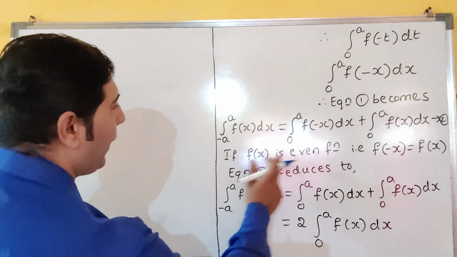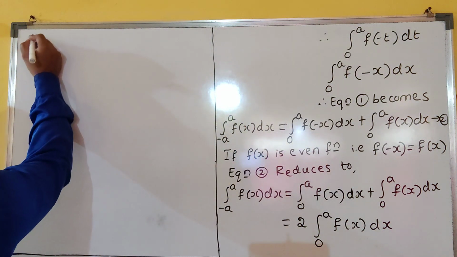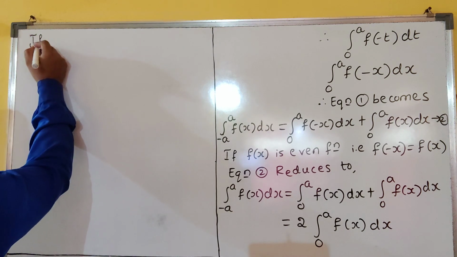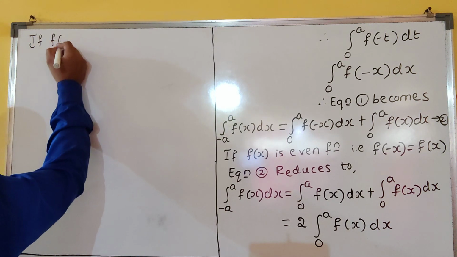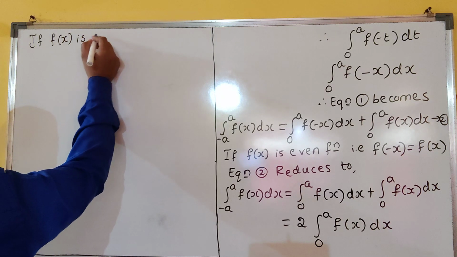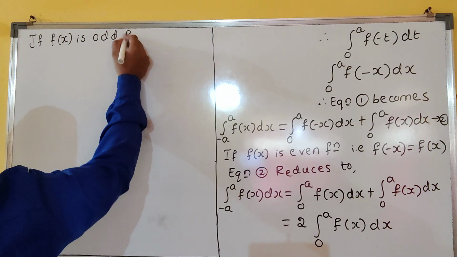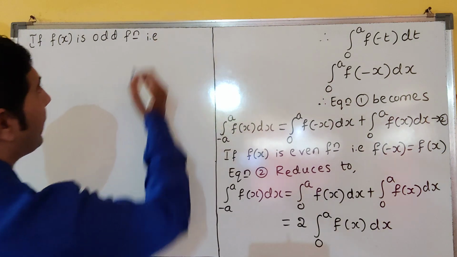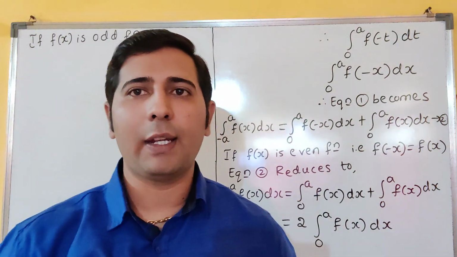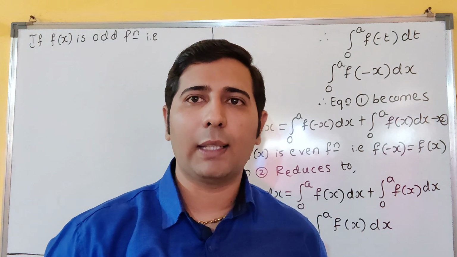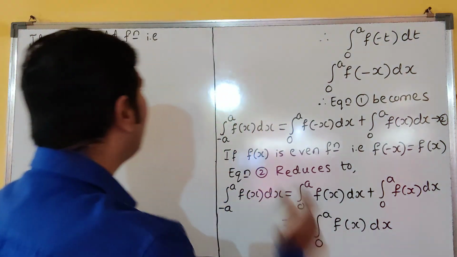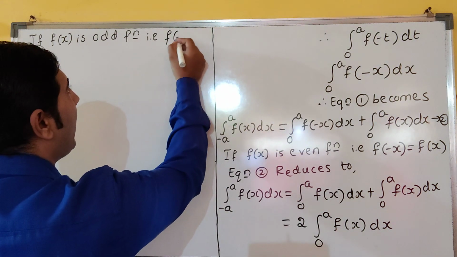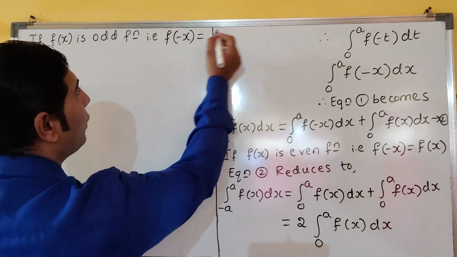I hope all of you have copied. Now let us continue the answer, dear students. So if f of x is an odd function now, that is what I told, dear students. Odd function is what? f of minus x is equal to what?